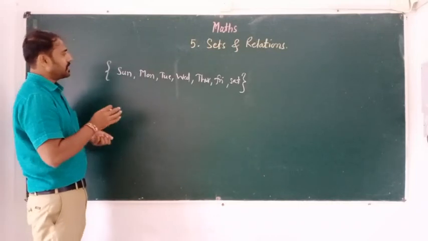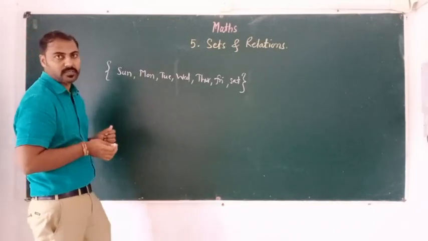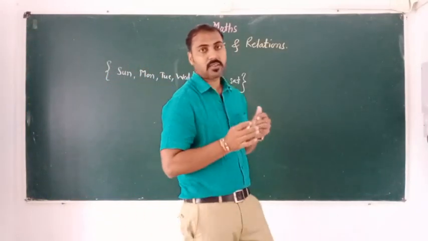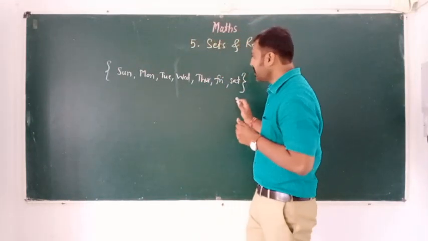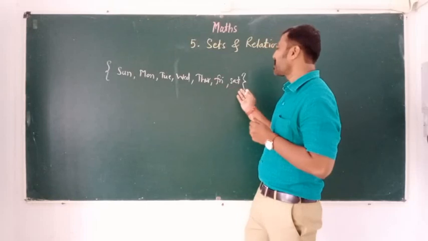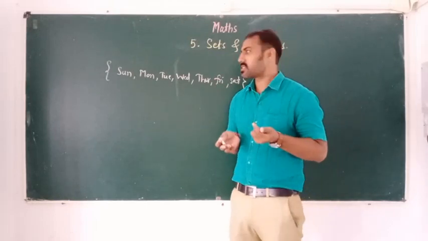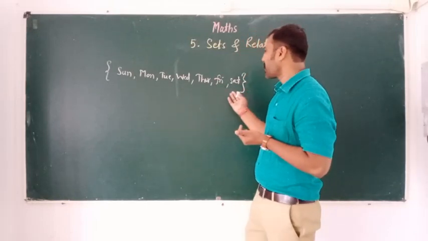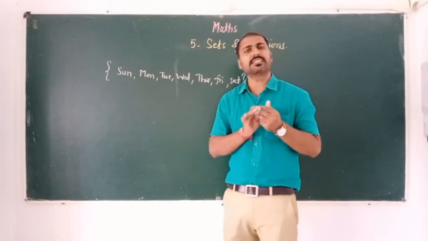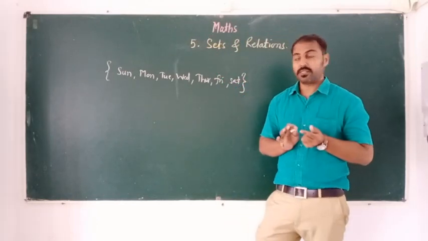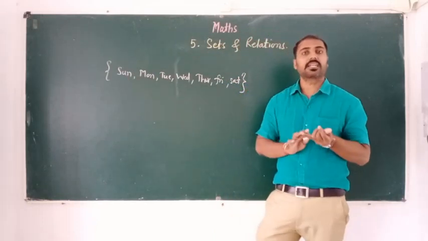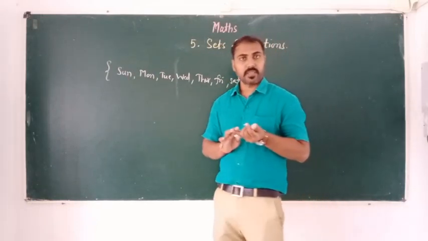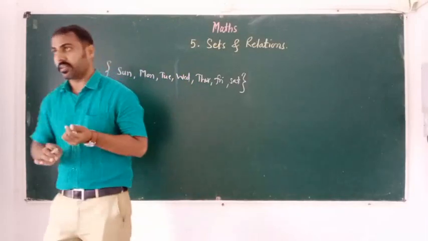So clearly it is a set because the answer to that question, the days in a week, is clearly Sunday, Monday, Tuesday, Wednesday, Thursday, Friday, Saturday, or someone saying Monday, Tuesday, Wednesday, Thursday, Friday, Saturday, Sunday. Order is immaterial, but all the objects are unique.